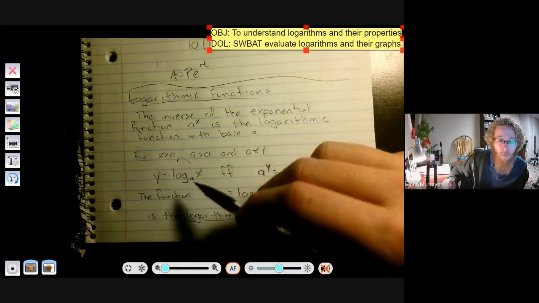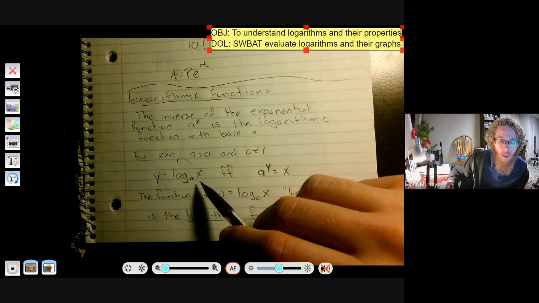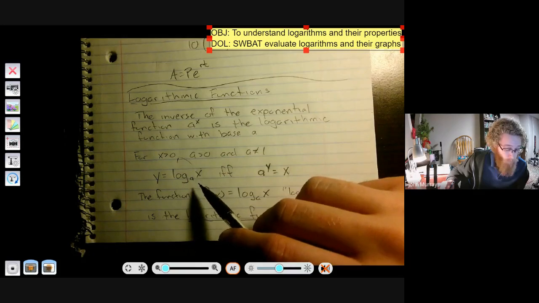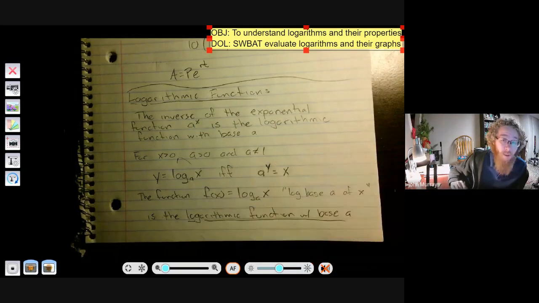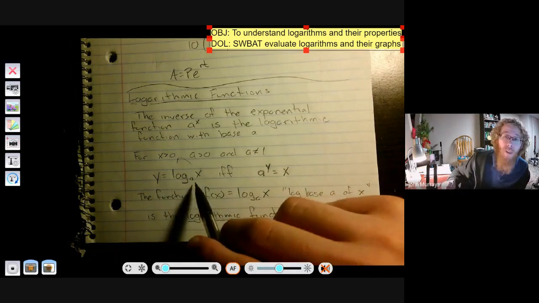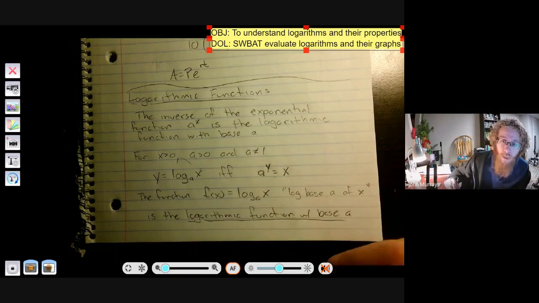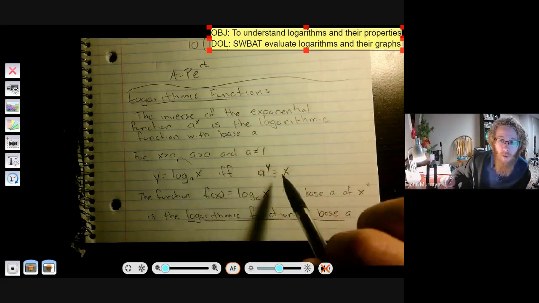Again, x is our input, or our domain, or our independent variable. Okay, that's the word I was looking for. In this form, you can directly translate it or manipulate it to look like this. So they are inverses of each other.